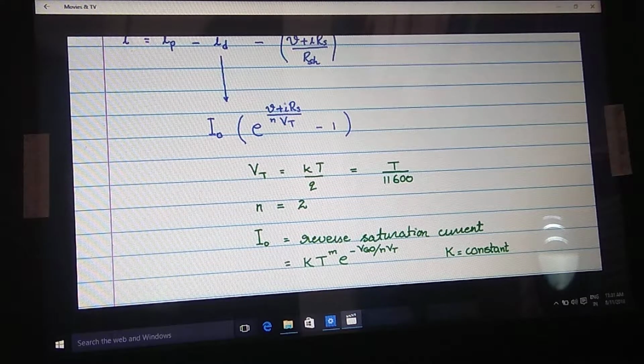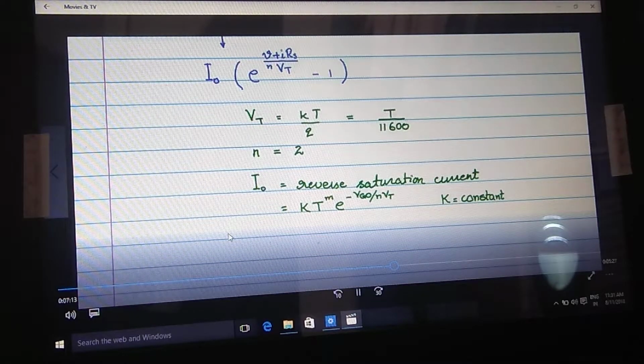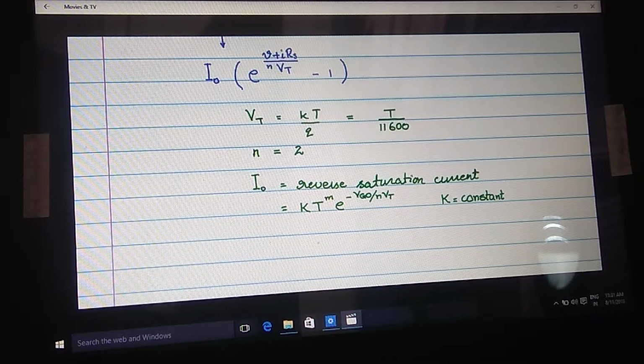And VGO is numerically the equivalent band gap energy in electron volts. So VGO is basically the forbidden band gap energy, which is EGO in electron volts.